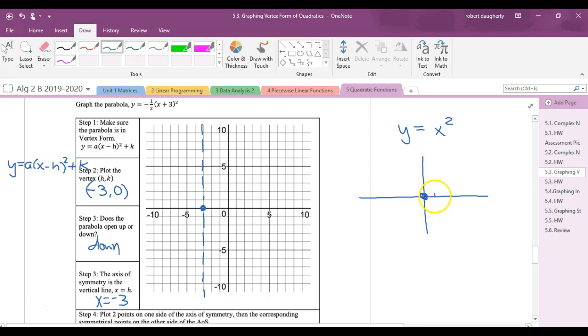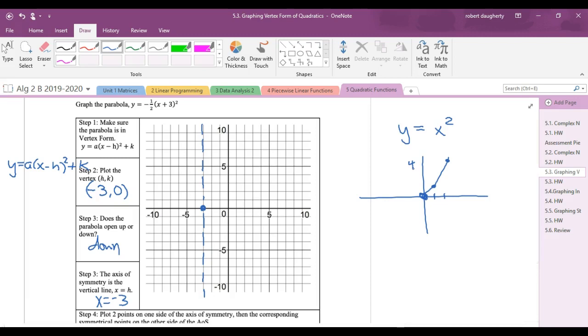If I go over 1, how far up do I have to go in this graph? 1. If I go over 2, how far do I have to go up? 2 squared is 4, right? So this was over 1, up 1, over 2, up 4. So I know that's what this graph looks like.